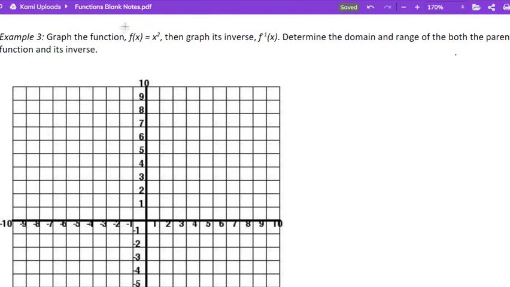Starting with the original function of x squared, we have a parabola. We know that the vertex of a parent parabola is at (0, 0), and the step pattern is 1, 3, 5, 7. So 1 across, 1 up, 1 across, 3 up, 1 across, 5 up.